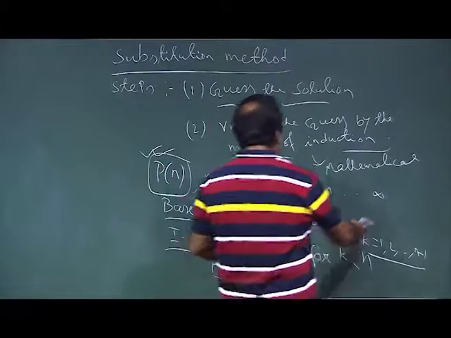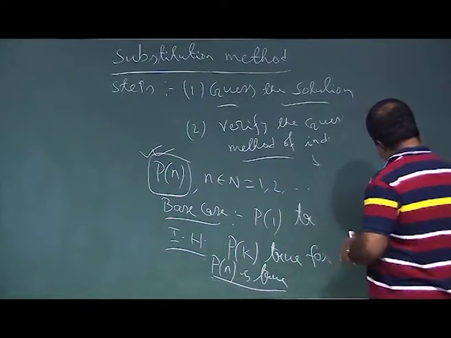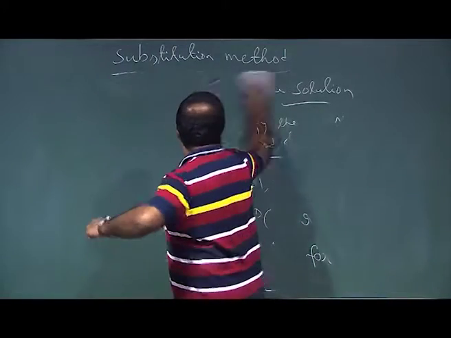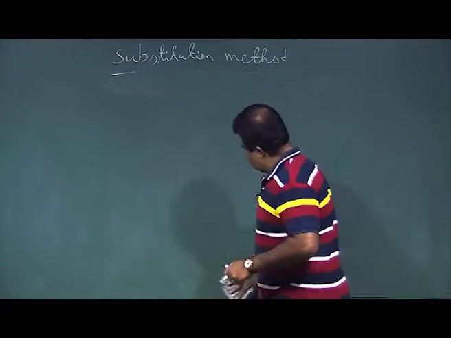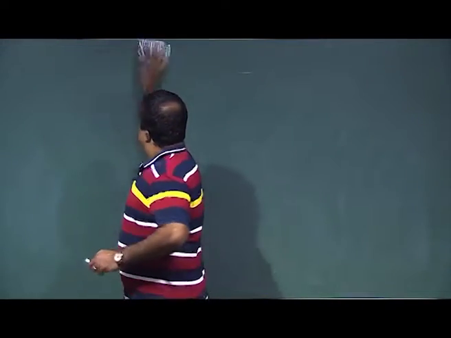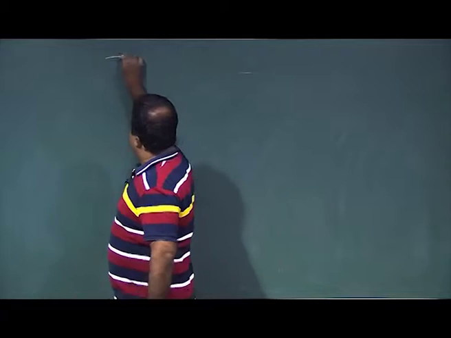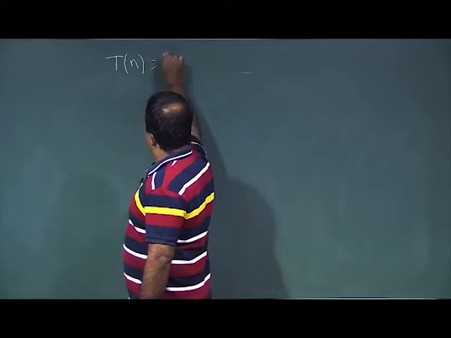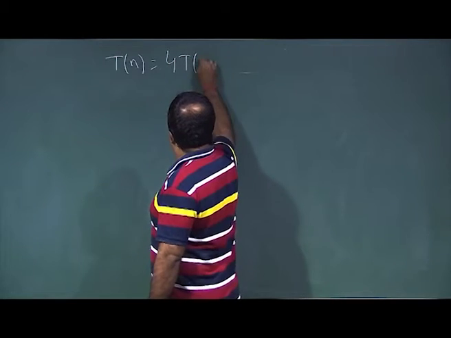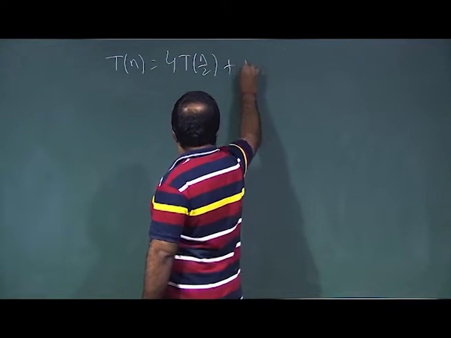Okay, so now let us take an example, then it will be more clear. Suppose we have a recurrence like this, T(n) is equal to 4T(n/2) plus n.